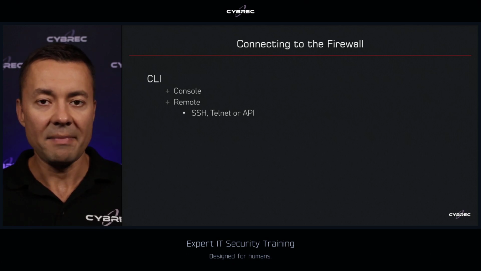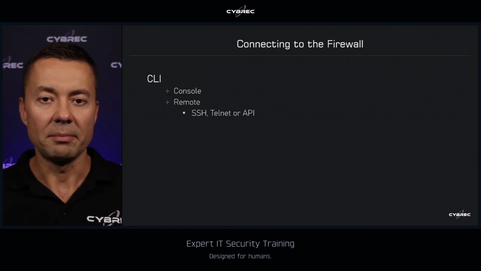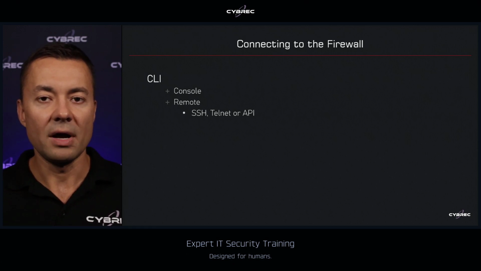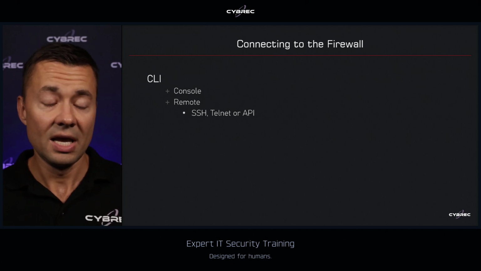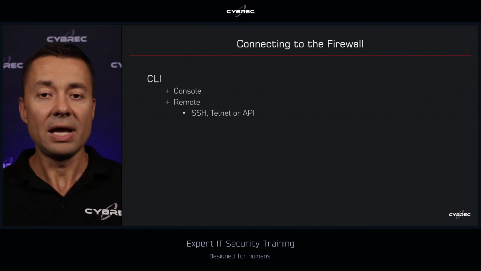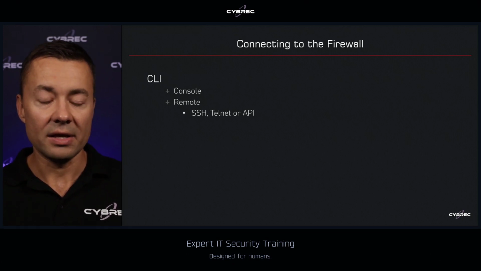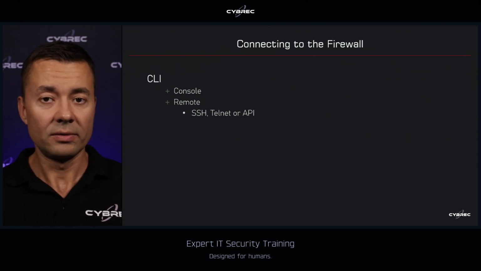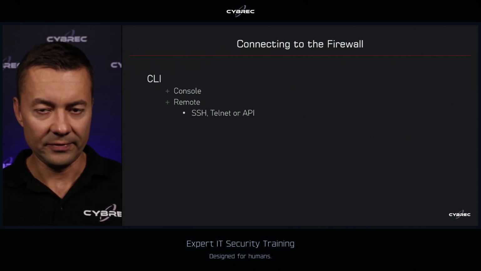API is going to be the third method that we can use for a connection to the Palo Alto Networks firewall. We've got console, we've got remote access with Telnet and SSH, and we've got API, where API stands for Application Programming Interface, and is something that will be used by our scripts or applications to connect to the firewall.